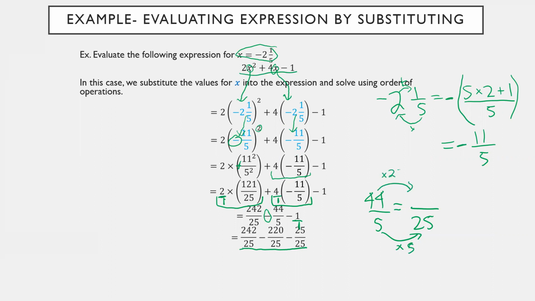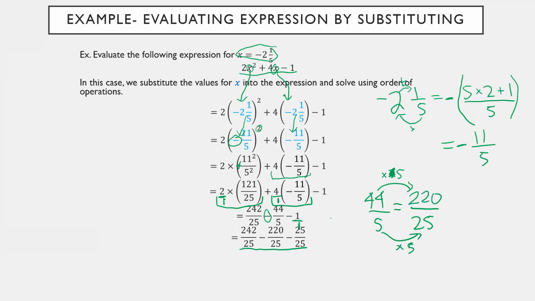So I take 44 and I multiply by 25. And that ends up giving me, and I think I made a calculation error here. Yes, I believe I did. Oh, sorry, not by 25, it's by 5. My apologies, because 5 times 5 gives us 25. So 44 times 5 ends up giving me 220.